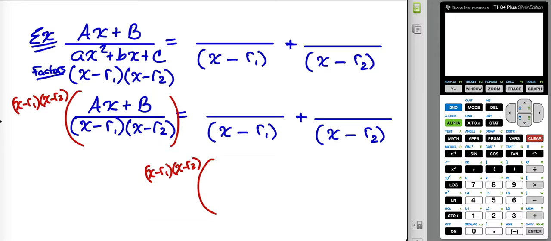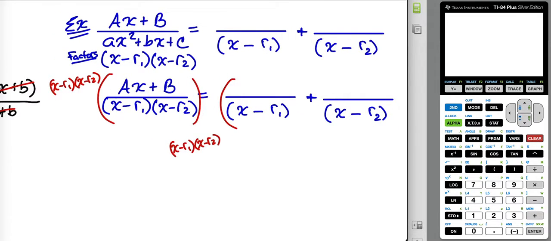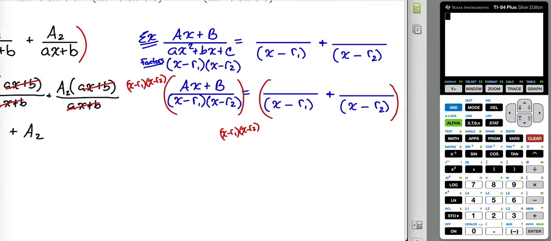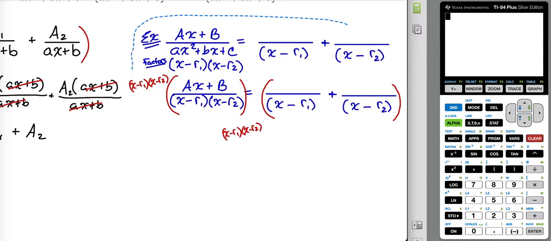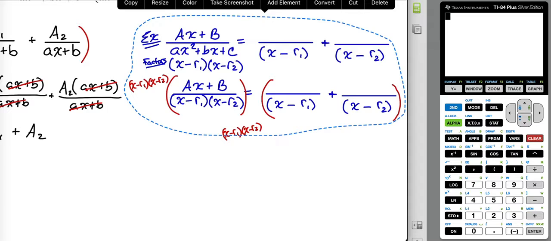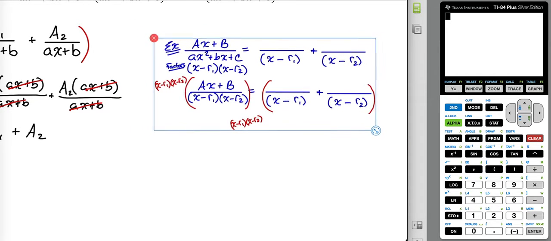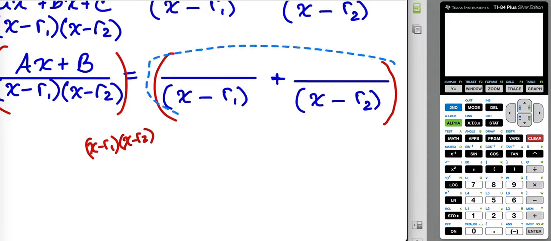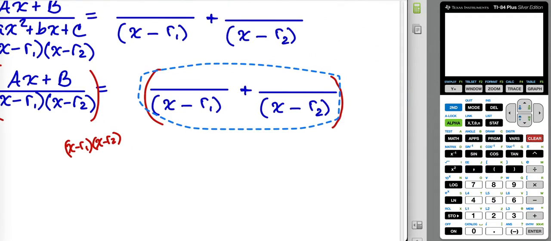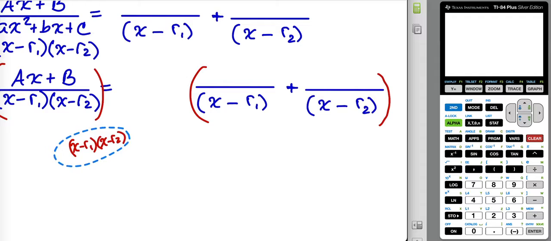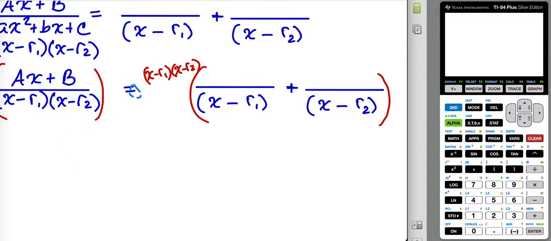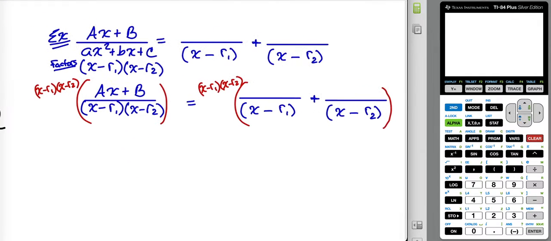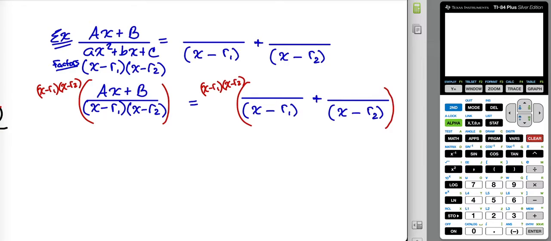What I'll do here is draw the parentheses, shrink it down, and just kind of slide it in there somewhere. Okay, so on the left-hand side, I would have an ax plus b.